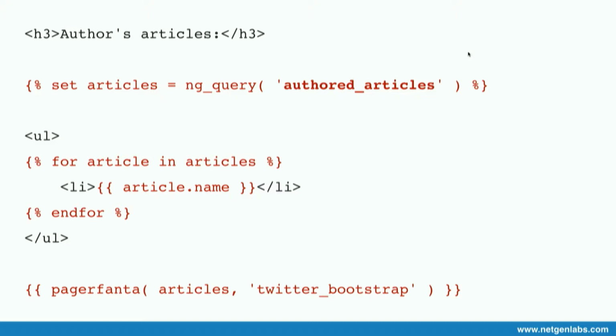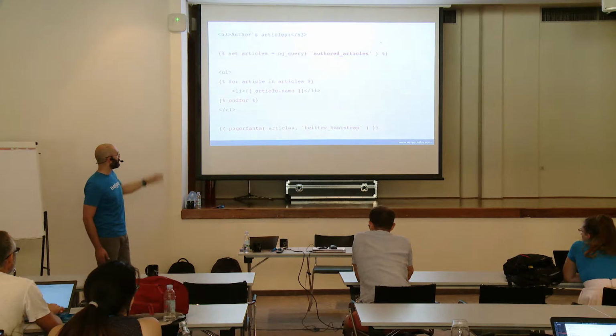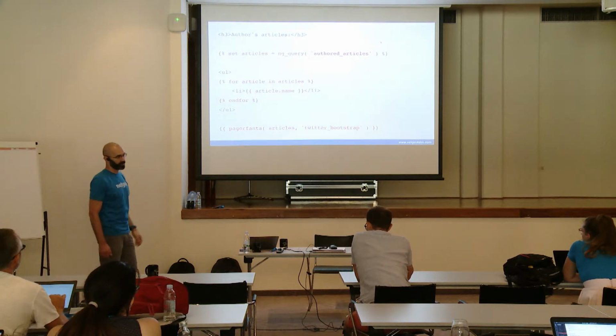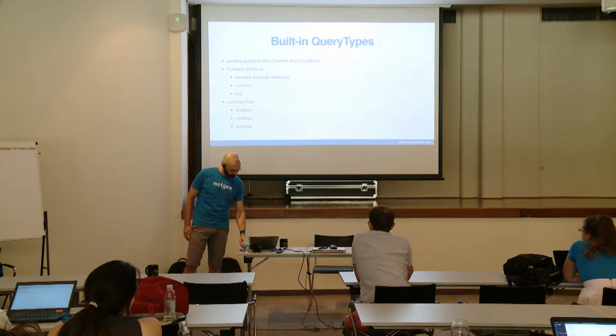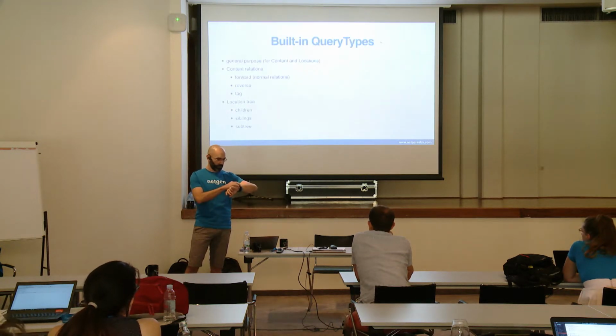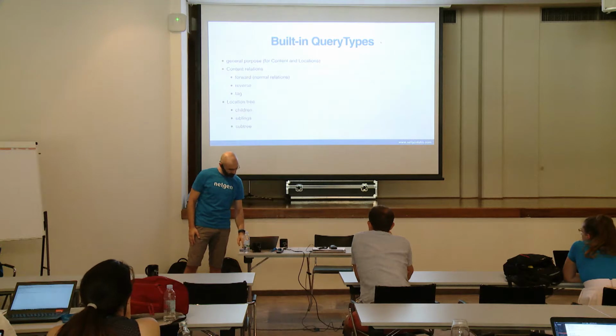This is authored articles, right? Now you have your variable articles, which is basically the result of the query, and an instance of Pagerfanta. You can iterate over it, and you can easily generate the pagination. Okay, a bit over time.